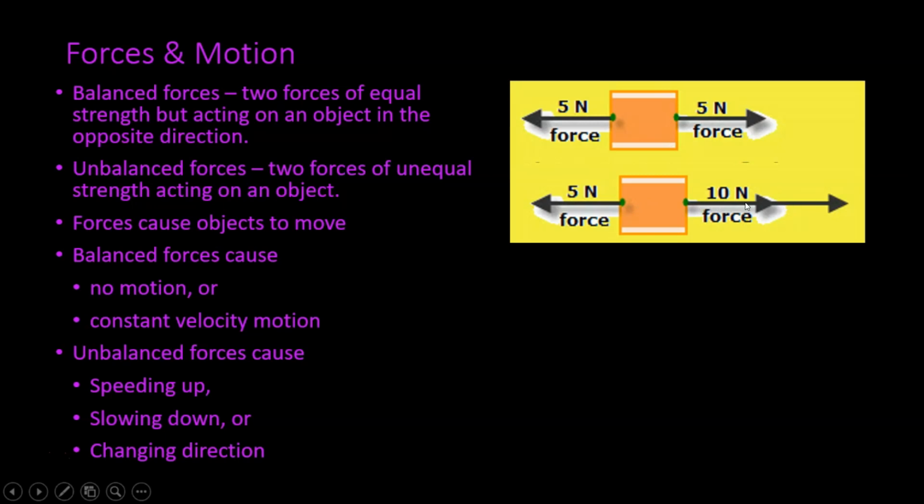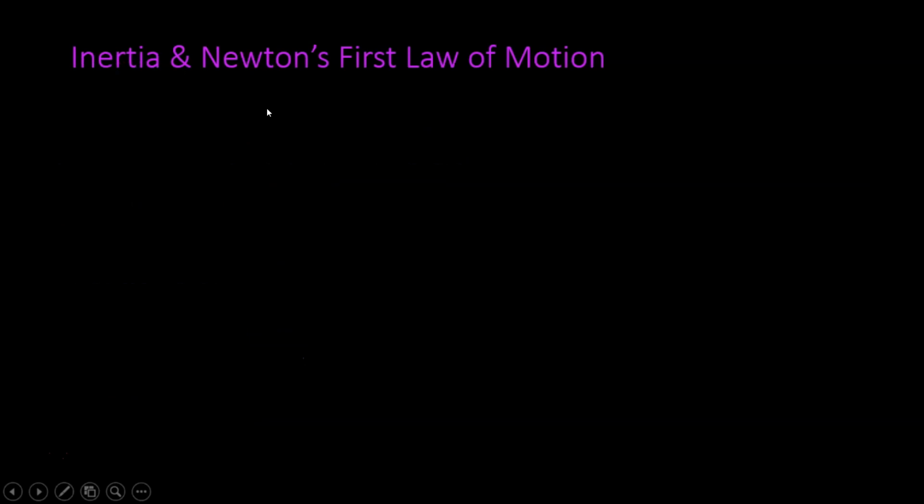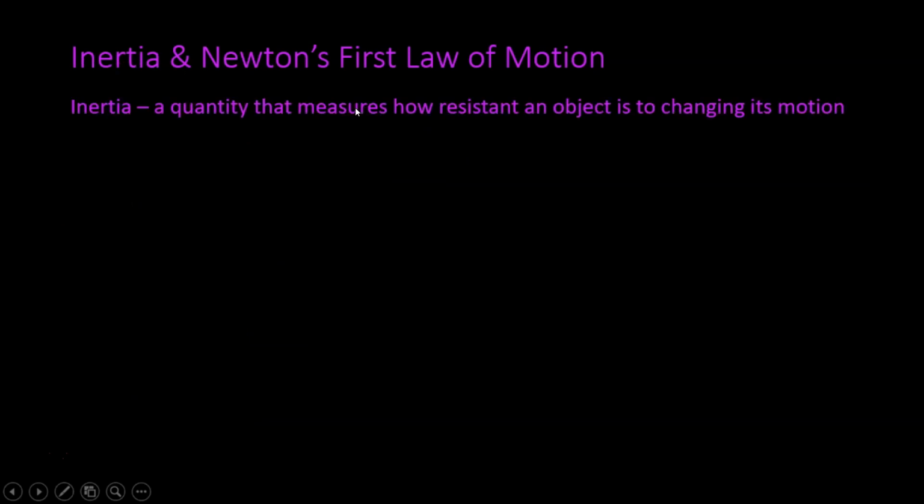And as long as the forces are unbalanced, with the stronger force being to the right, the object is going to keep speeding up until we either have a greater force going to the left, in which case it'll slow down, or if we have balanced forces, it'll maintain a constant velocity at whatever speed it was at when the forces became balanced.